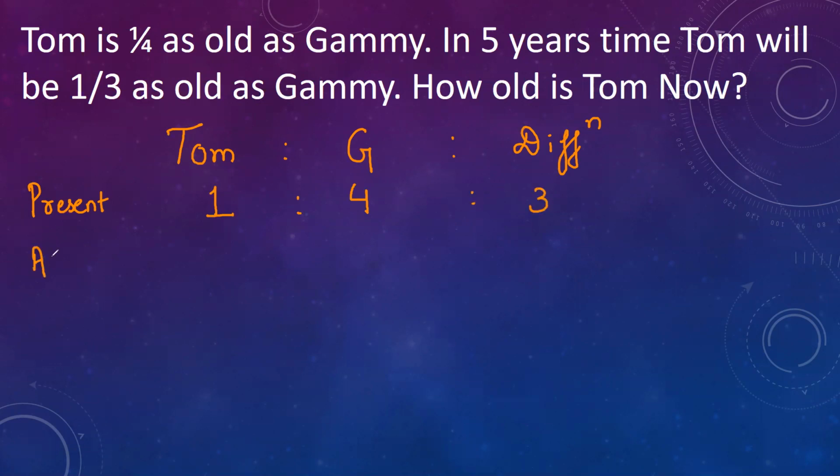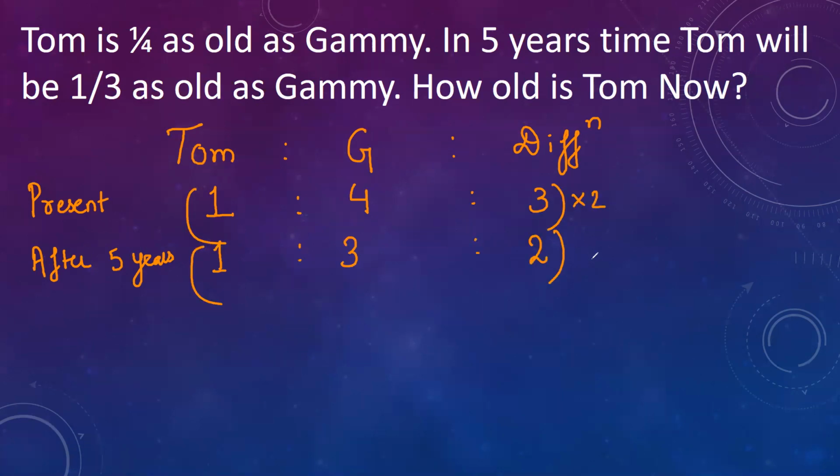After 5 years, what is happening? This is 1, this is 3, and the difference becomes 2. Multiply this by 2 and this by 3, because I have to make the difference constant. So this becomes 2:8:6, and this becomes 3:9:6. I make my difference constant.